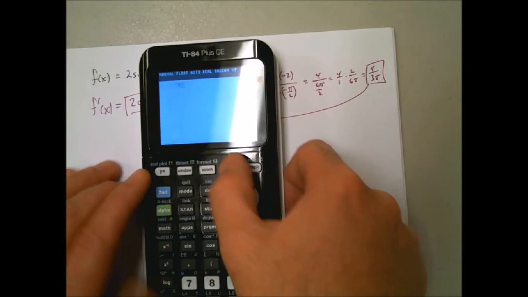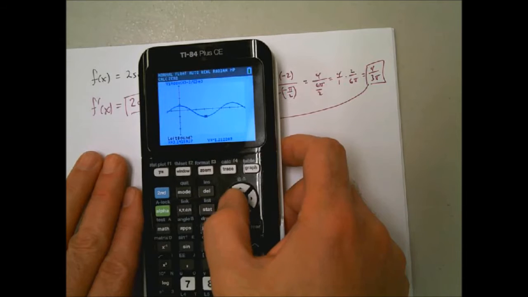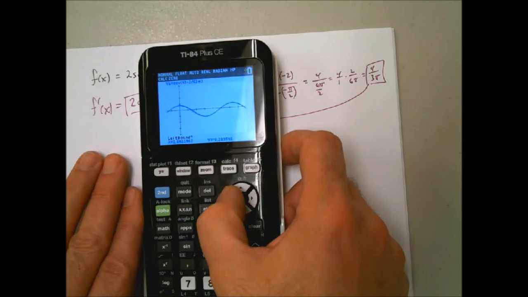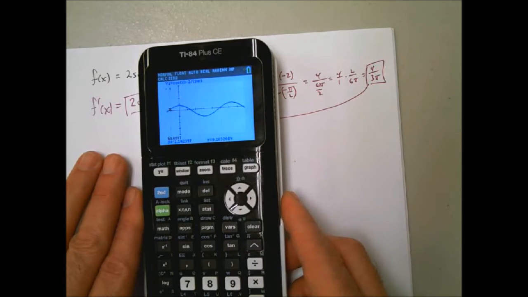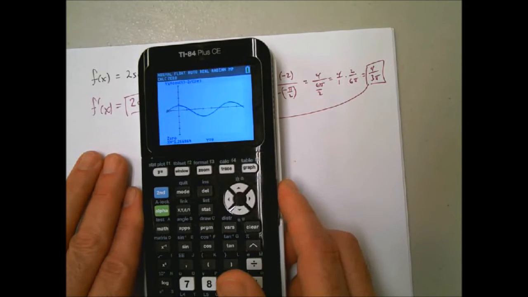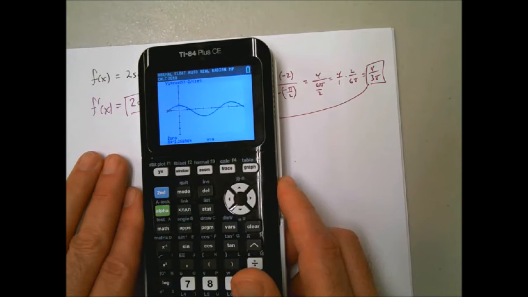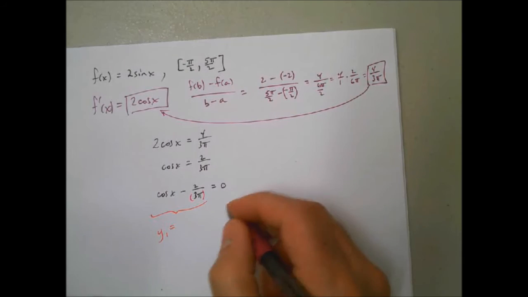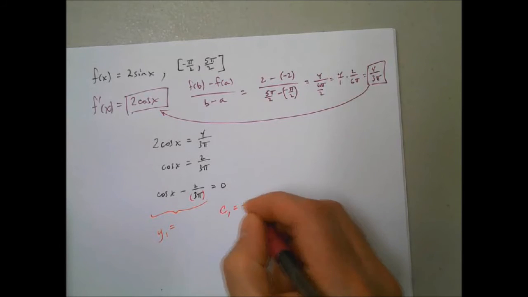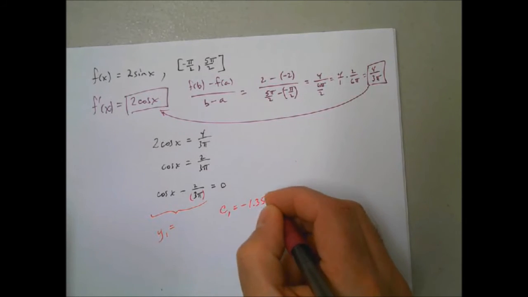So for example, I'll do one of them with you. So second calc, the 0, and get to the left-hand side of it. Press enter, get to the right-hand side of it, press enter. Okay, so one of them is approximately negative 1.357, 3 decimal place accuracy. So one of the c's, c sub 1, is approximately negative 1.357.